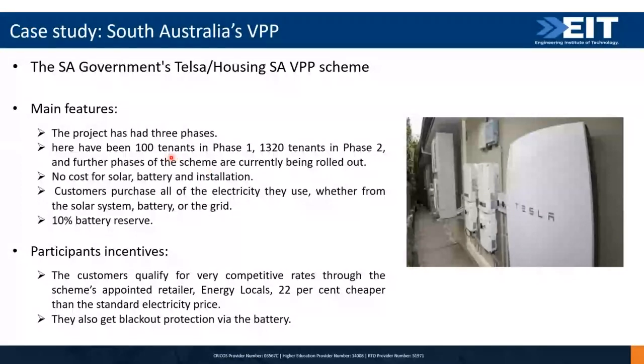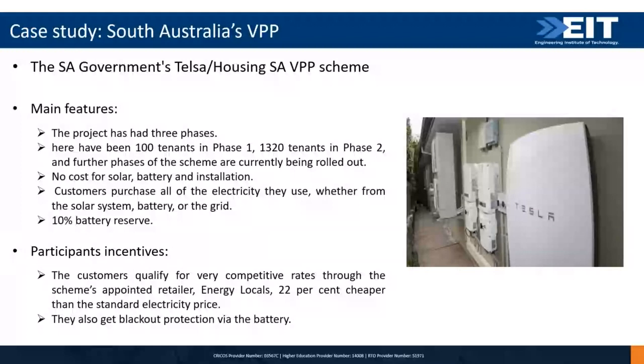So tenants can also participate. The project has 3 phases. Phase 1 and phase 2 were already completed, and phase 3 is still ongoing. In the first phase, 100 tenants participated, and in the second phase, 1,320 tenants participated.